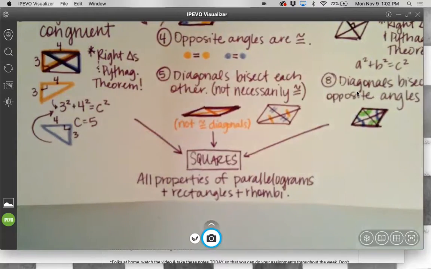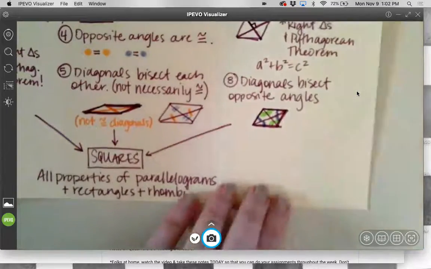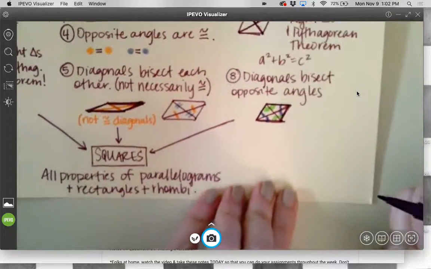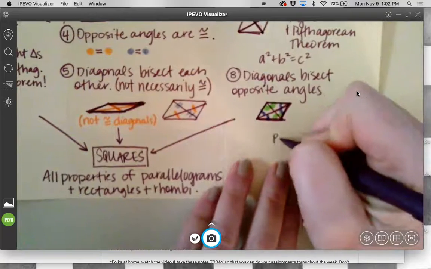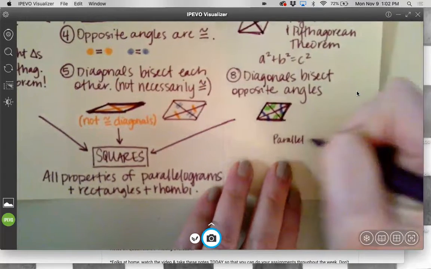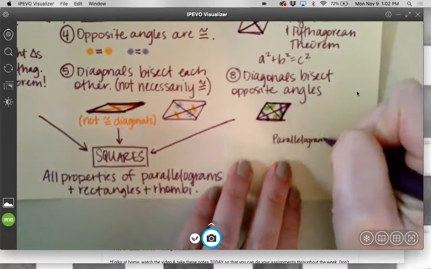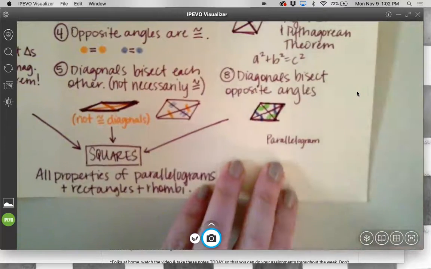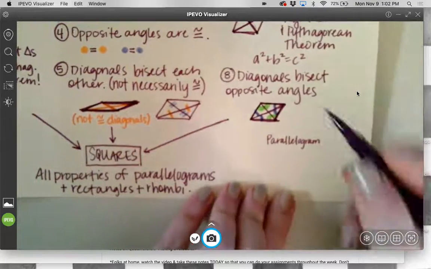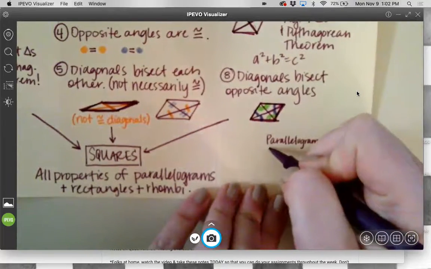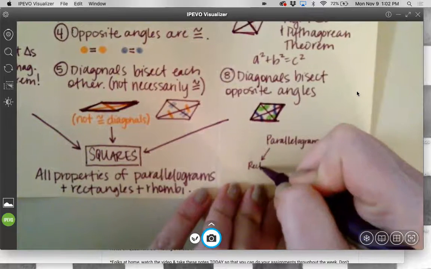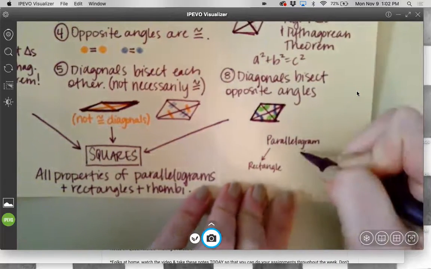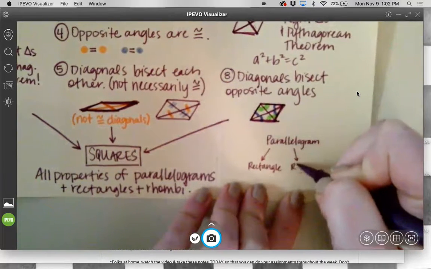So we're going to use this little section over here to draw a slightly neater flow chart. So we're going to put parallelogram. Leave a little space over here and a little space over here. Under parallelogram, you have rectangle and you have rhombus.